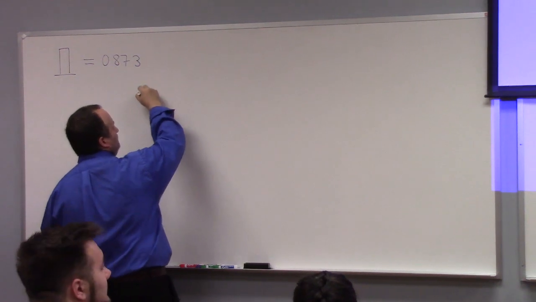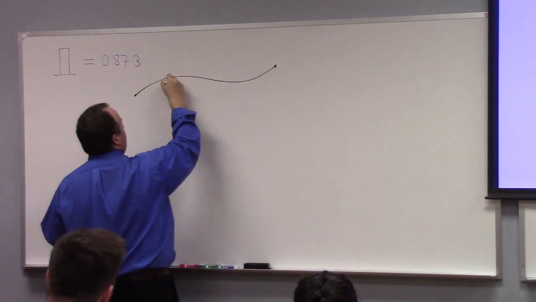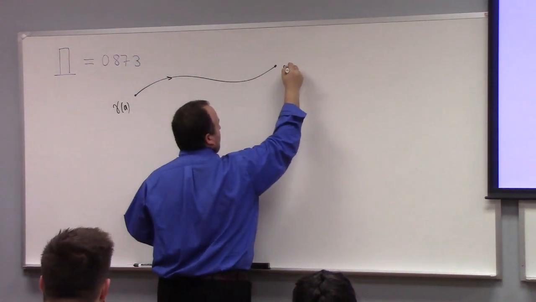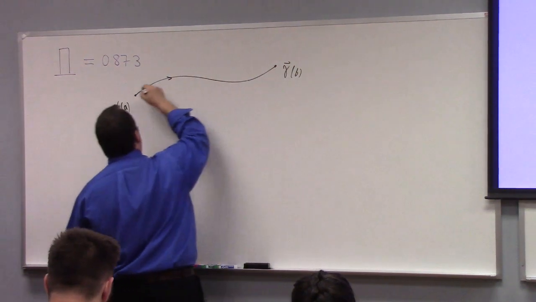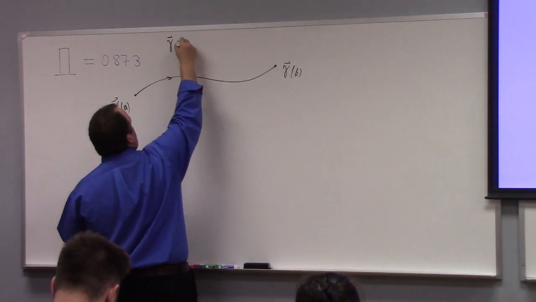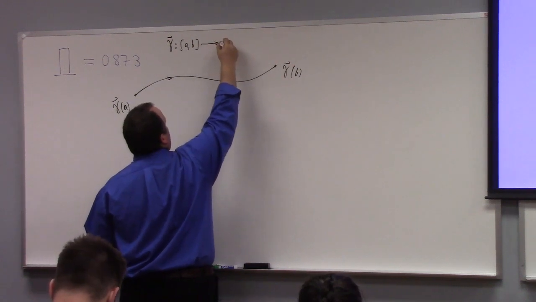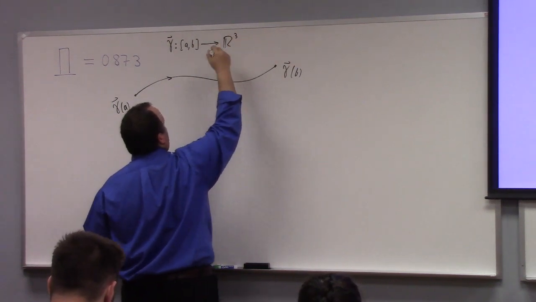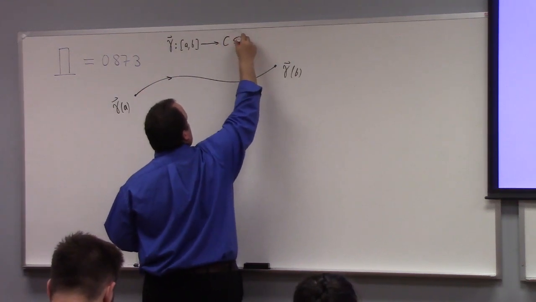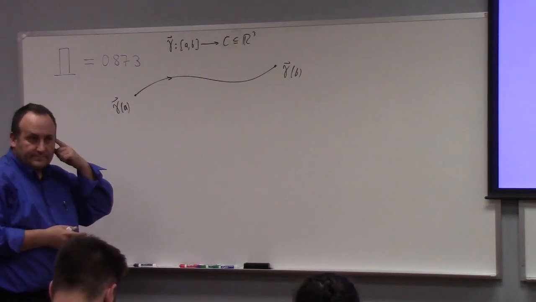Suppose we've got a path that goes from gamma of A to gamma of B. So I've got a parametrization of some path, and gamma takes input a real time from the closed interval A to B, and it goes to this curve, which is a subset of R3. And this is an oriented curve.